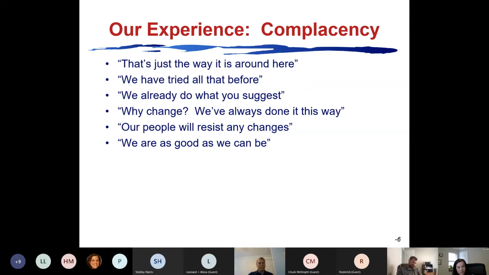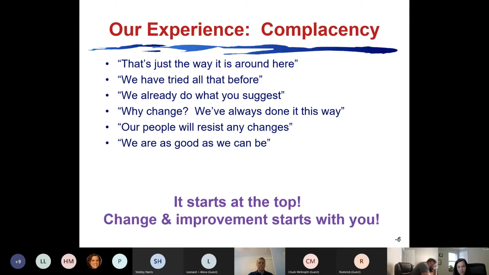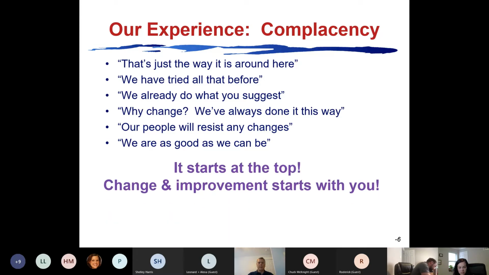By establishing a scientific methodology that will allow you to identify the best opportunities for improvement, not the squeaky wheel, not what you think might be the thing you want to do next, but something supported by data, you will identify the things that will give you the biggest bang for the buck.